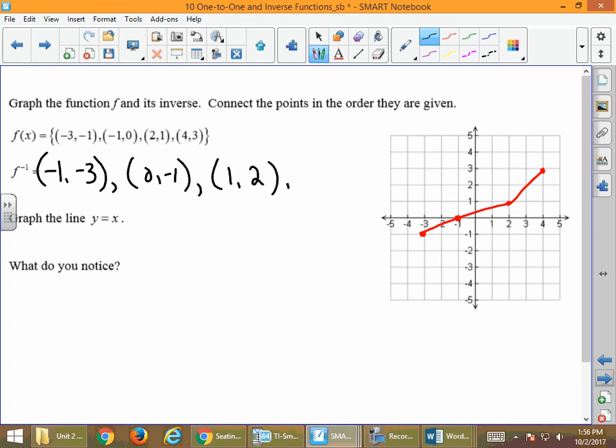And 4, 3 becomes 3, 4. Again, we're going to graph those, and we're going to connect those points in the order that they're given. So we have -1, -3. 0, -1. 1, 2. And 3, 4.